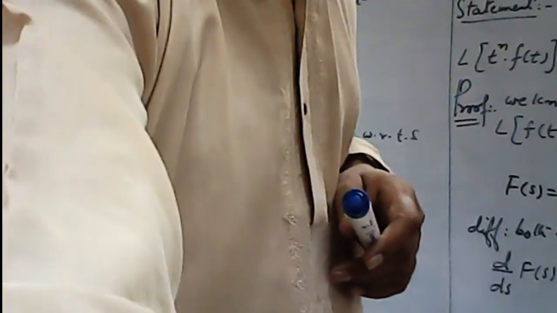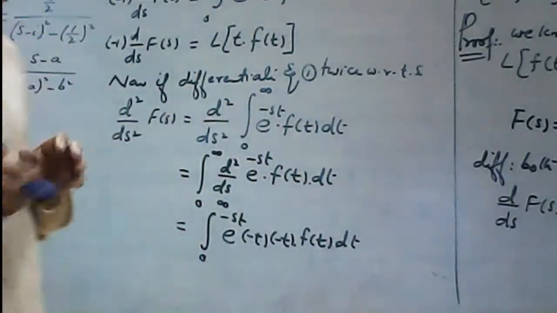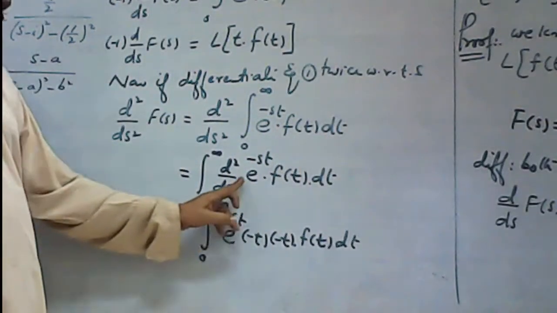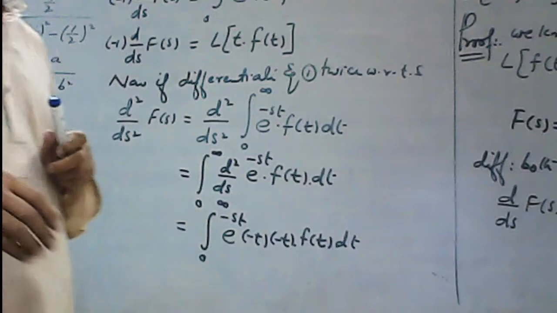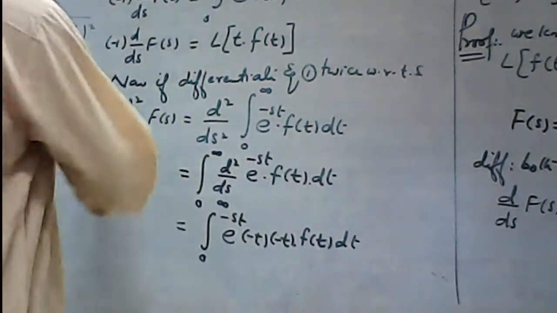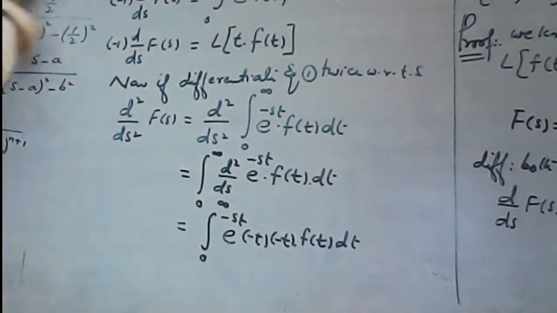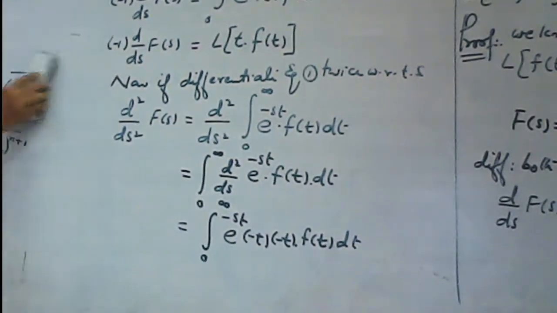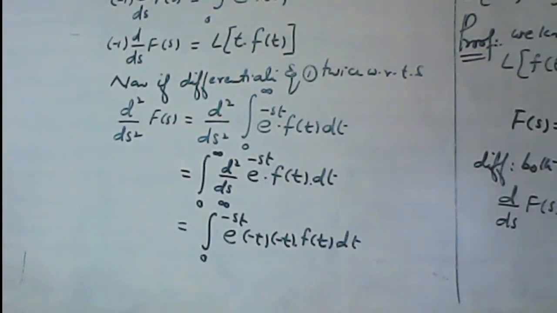So differentiating twice with respect to s, I will have minus t two times.